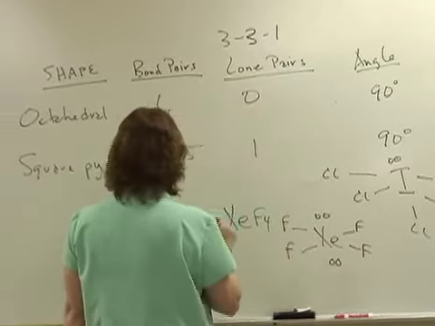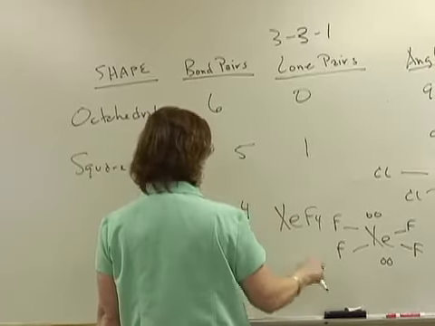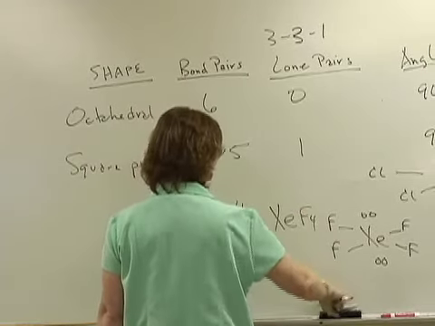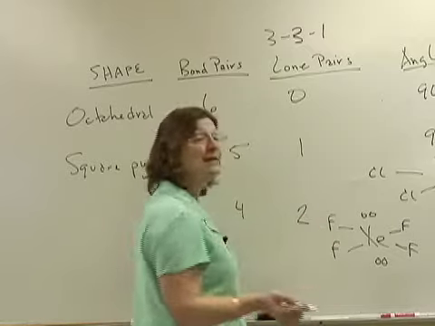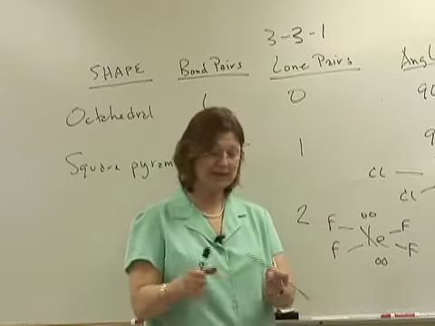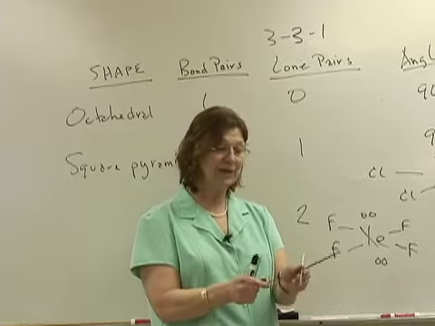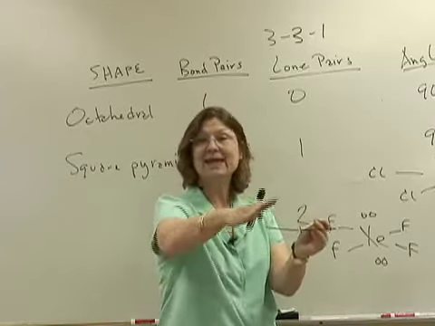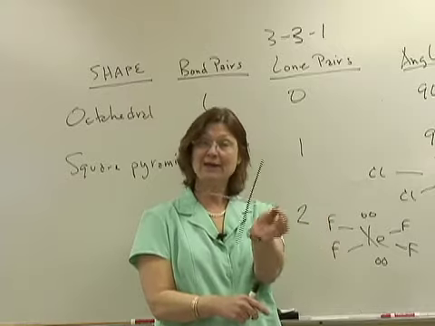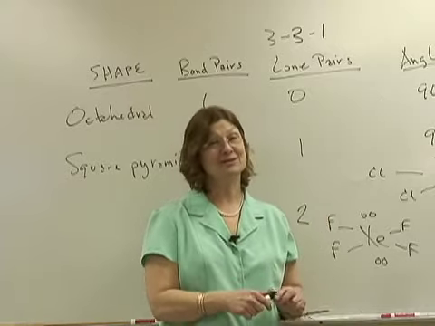We have 4 bond pairs and 2 lone pairs and 90-degree angles. And when we look at this, you can see that now we have this that is in a plane. We have a square in a plane, and we call it square planar.